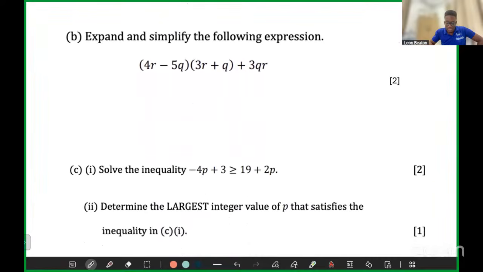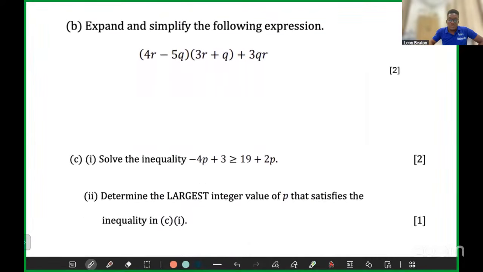So let's go to this expansion now. A nice way to expand when we have two brackets multiplying each other is to take the first term in the first bracket, which is 4r, and multiply it by everything in the second bracket. So this would be 4r multiplied by 3r plus q.